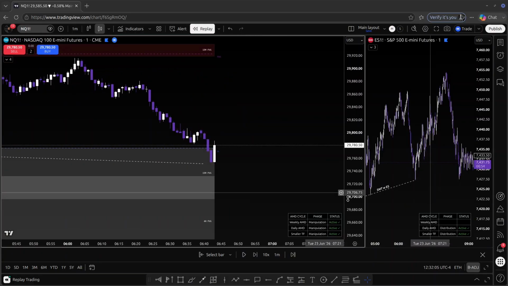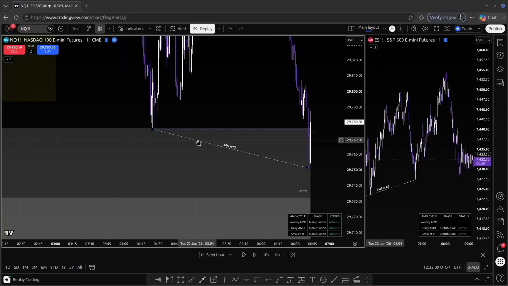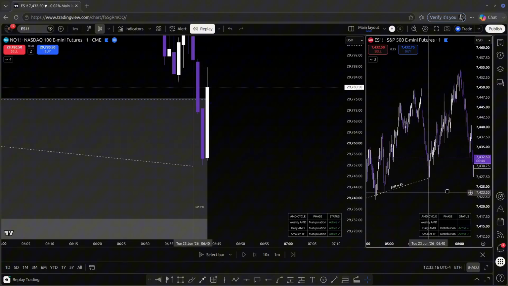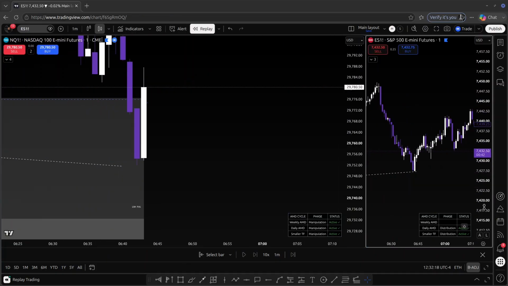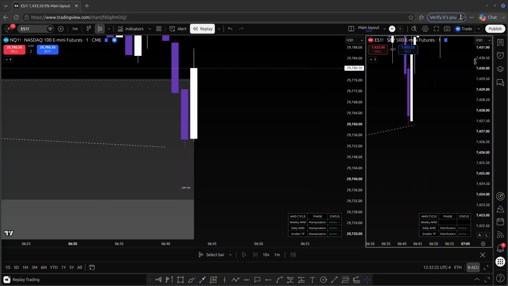Normally my entry would consist of, as soon as I see, let me go step by step, okay? SMT. Now the only thing I want to see is a divergence in the candles. In this case, I didn't have it. Why is that?